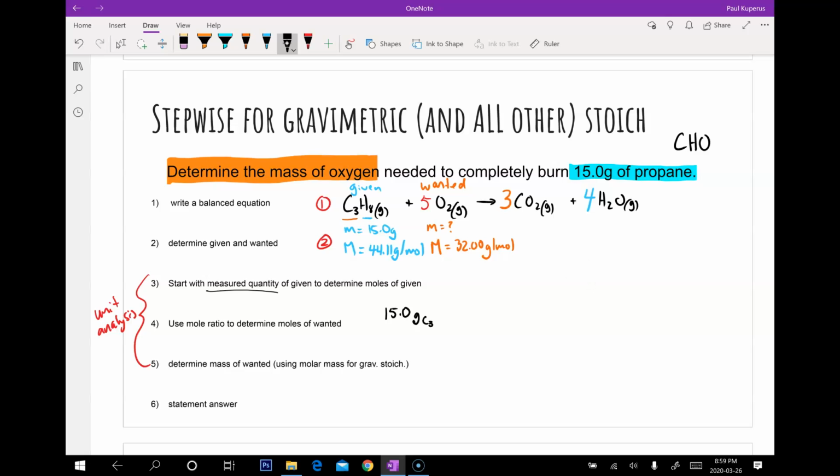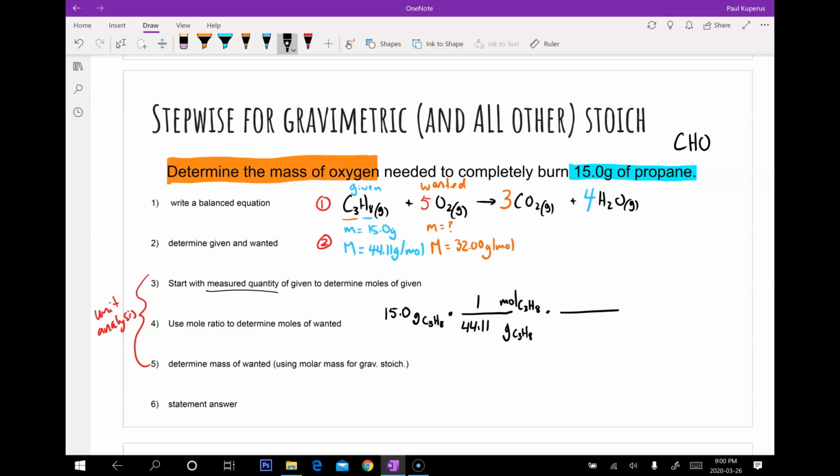And to keep ourselves organized, we're going to call it what it is, of propane. We are going to multiply by something to get rid of grams of propane and replace with moles of propane. And this is our molar mass, which is 44.11 grams. So the 44.11 goes on the bottom because that's where the grams are. Per 1 mole goes on the top.